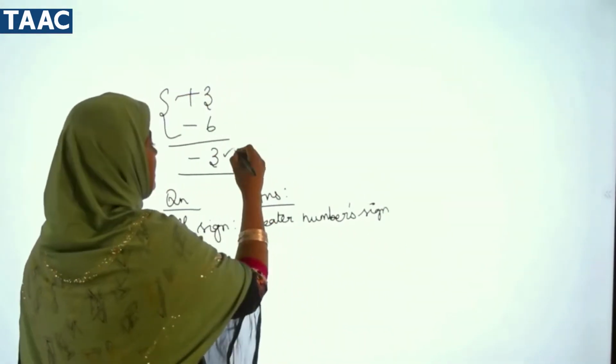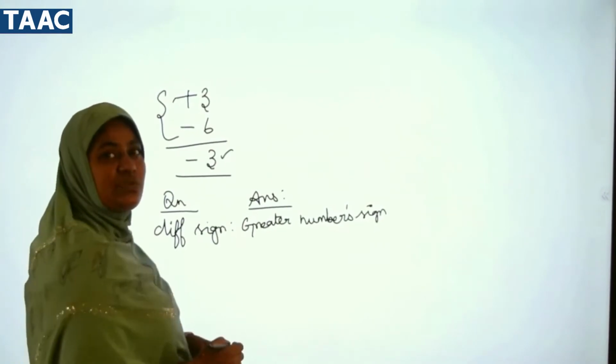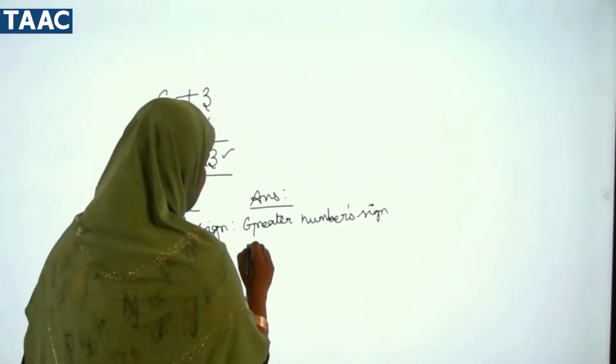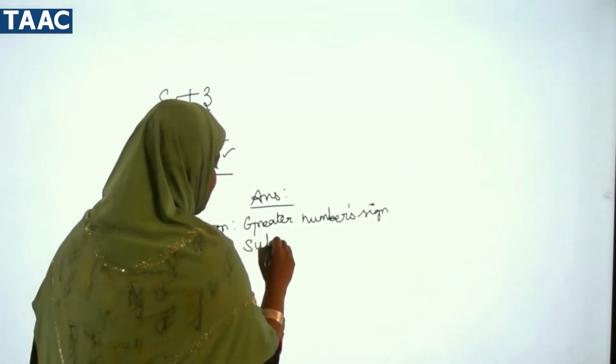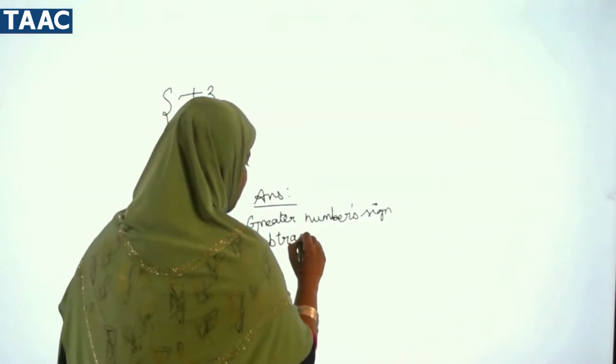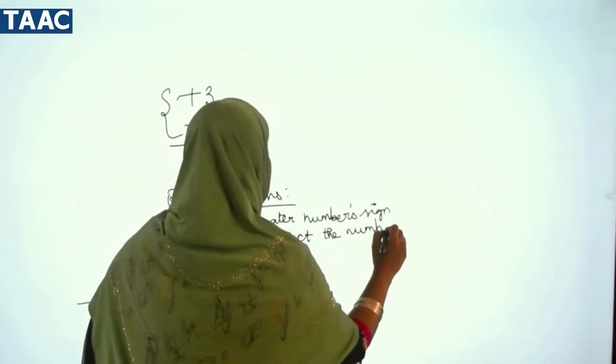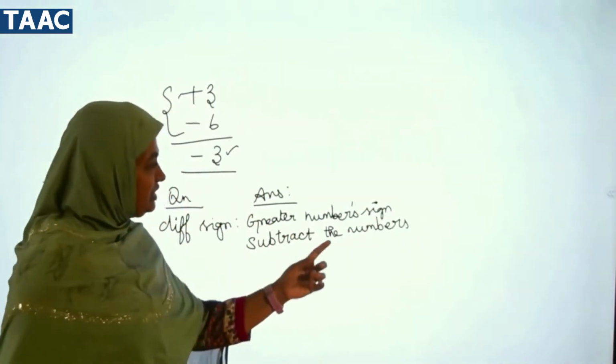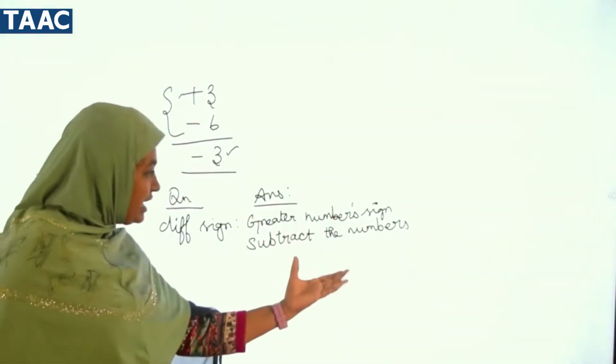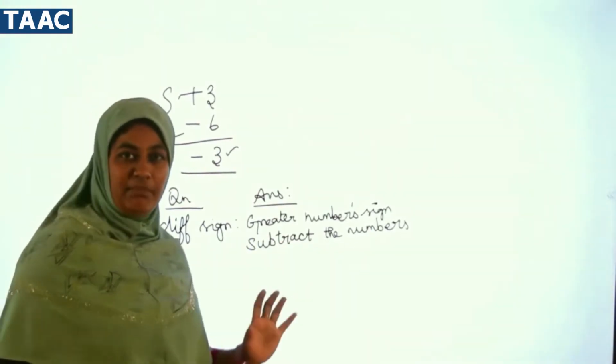See, we have got 3. 3 means 6 minus 3 is only 3. So we subtract the numbers. What are you doing with the numbers? We subtract the numbers. So different sign means we put the greater number sign, and for the numbers we subtract the numbers.